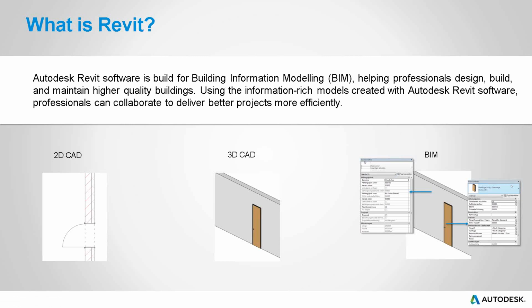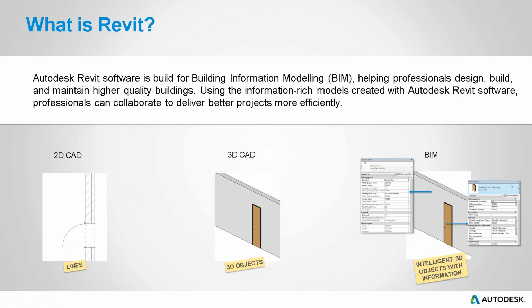So it's not only 2D documentation, it's not only 3D, let's say, visual impact, but also information. This is the most important thing about BIM. So from this abbreviation BIM, the I is the most important. So the information.